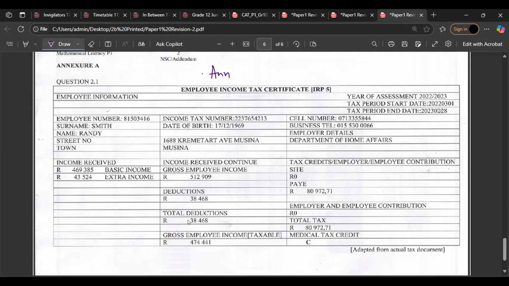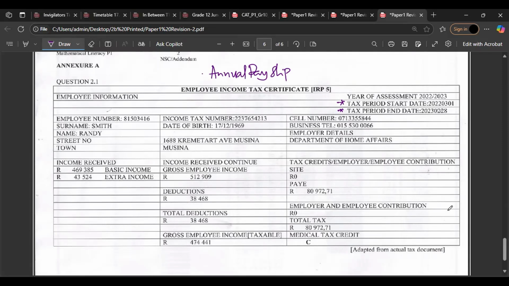This one shows throughout what you've been earning and what they are deducting throughout the year. It's given after a period of 1 year. Okay, that's where we are.